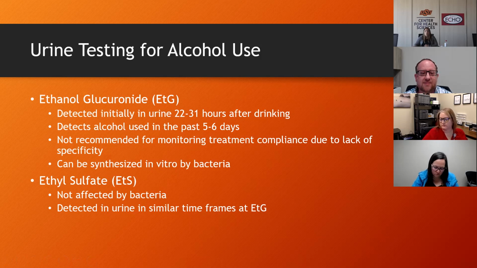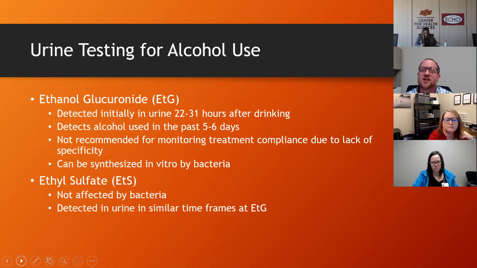As with other labs, you shouldn't use it solely. You need to correlate it with other clinical data as an indication that they absolutely drank alcohol or that they have an alcohol problem. The main reason has to do with the sample itself.